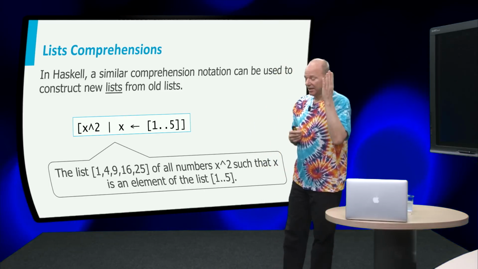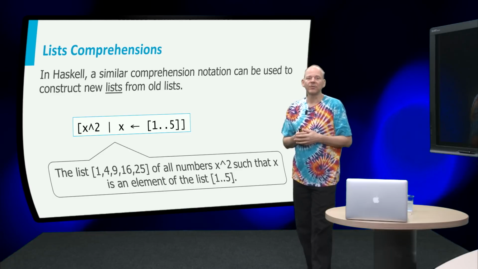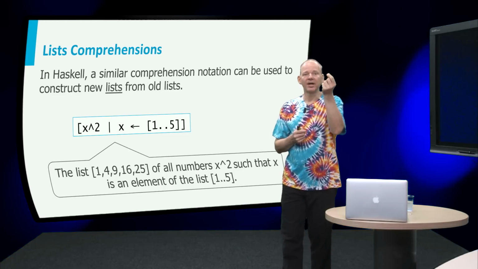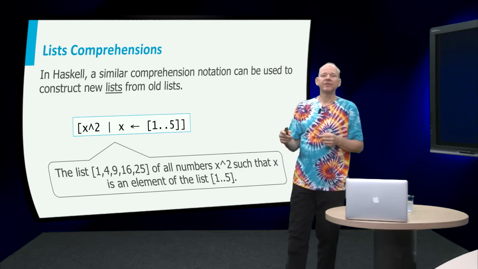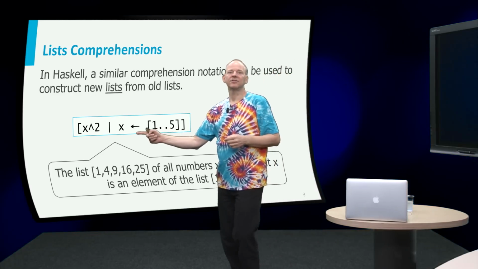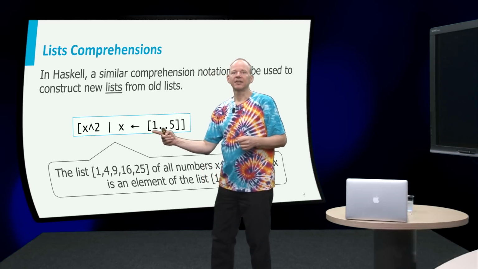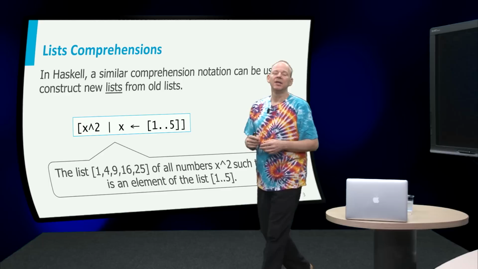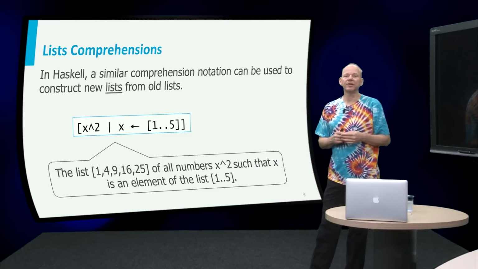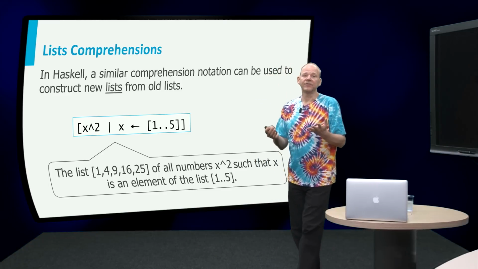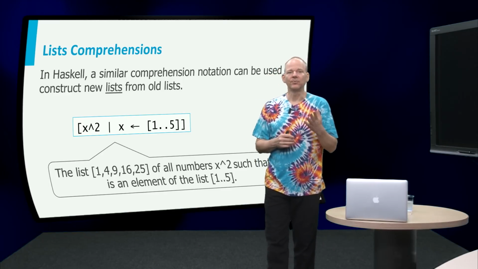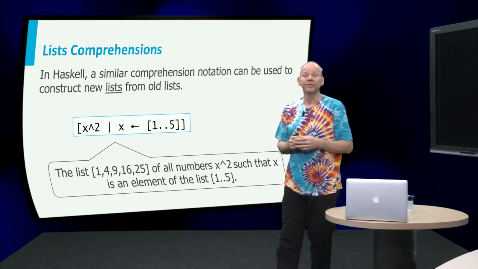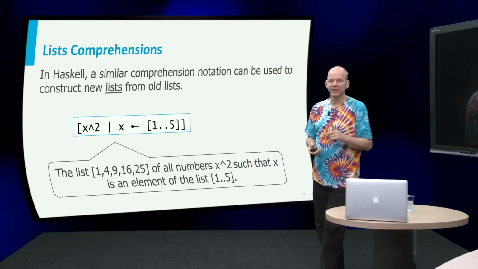It's the list of square numbers x squared, where x is taken from the list 1 to 5. You read this as x is taken from the list 1 to 5. And if you evaluate this, you will see that it returns the list 1, 4, 9, 16, 25, but it is a list, not a set.